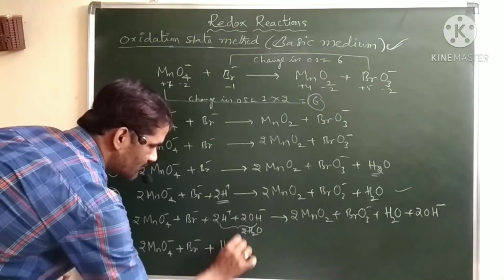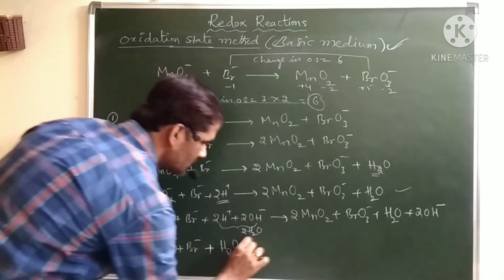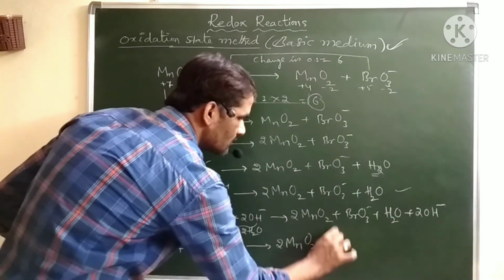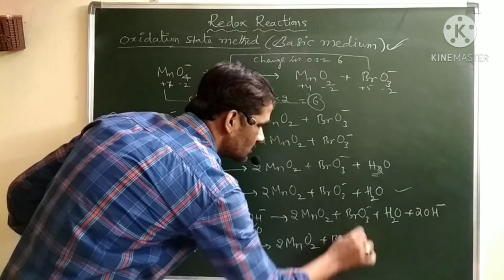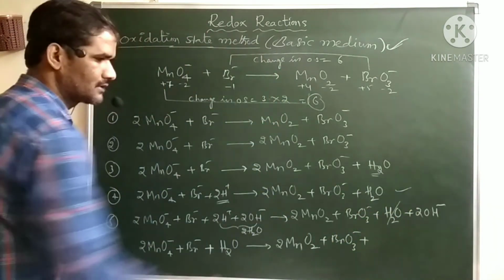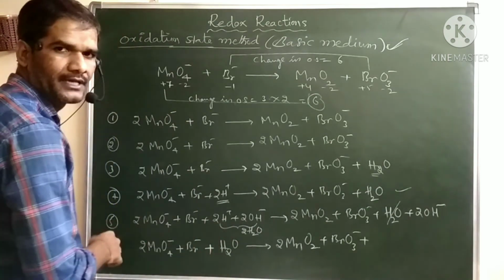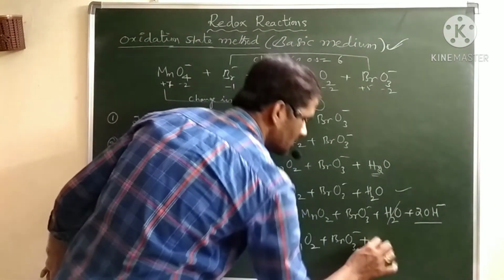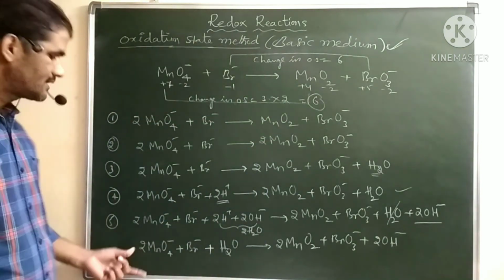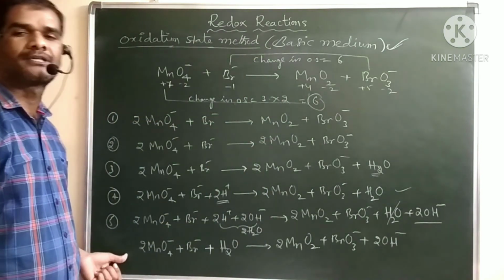How much remains? 1 water molecule left, and that will give 2 MnO2 plus BrO3 minus, and now no water molecule here. Why? Because already we have subtracted from the reactant side. So what remains? The last one, 2 OH minus. Now this is the balanced equation in basic medium.